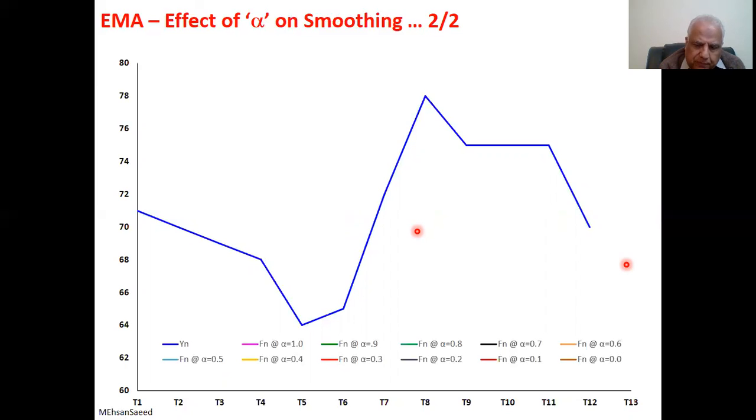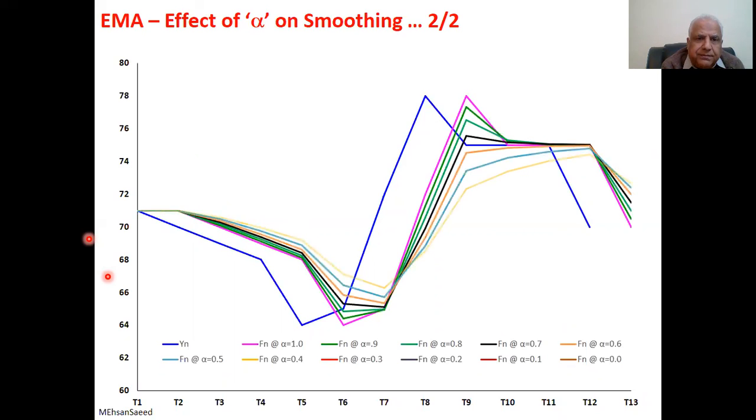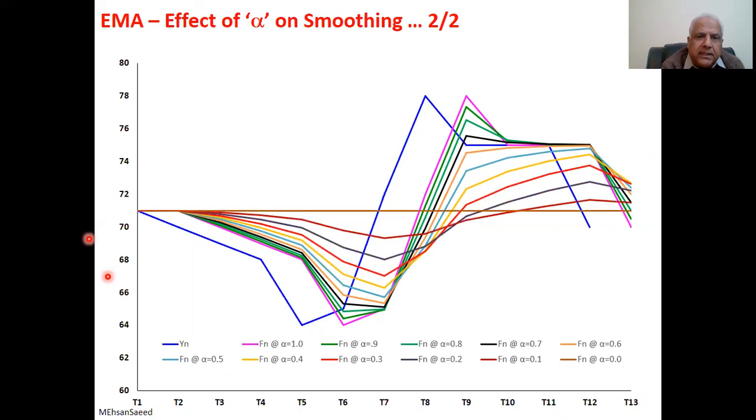So just see what happens. What is going to happen is that alpha value is decreasing from 100% to 0%. So this is the variation. Is the variation going to increase or decrease with increasing value of alpha? This is what is to be seen. So let us start with alpha is equal to 100%. 100, 90, 80, 70, 60, 50, 40, 30, 20, 10, 0.